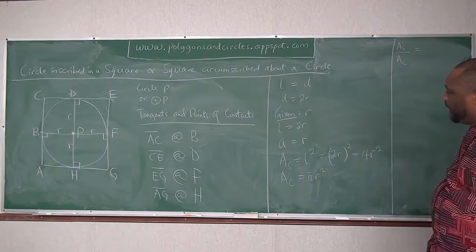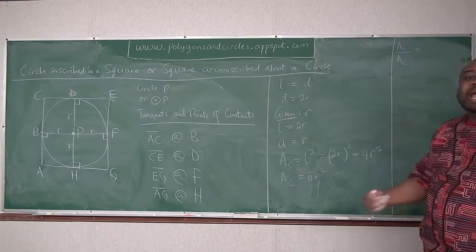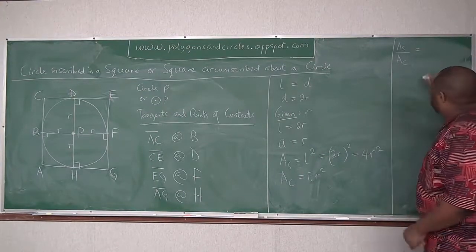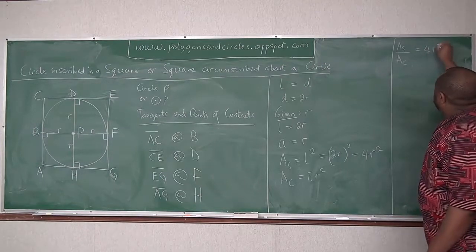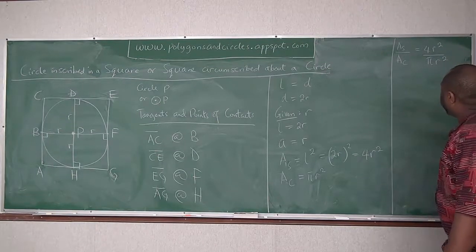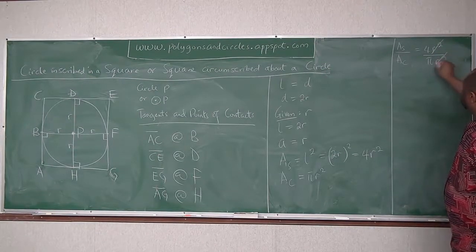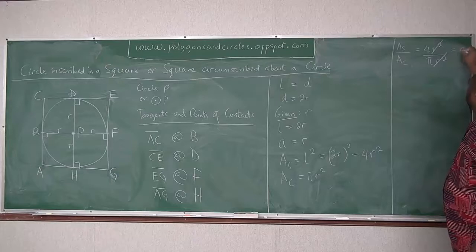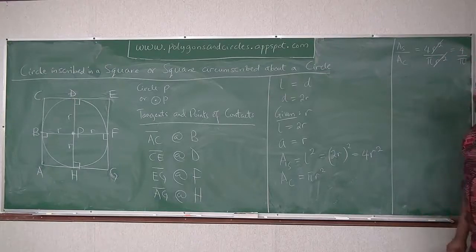The ratio of the area of the square to the area of the circle will give us 4r squared all over pi r squared. The r squared will cross out, so that will be 4 over pi.